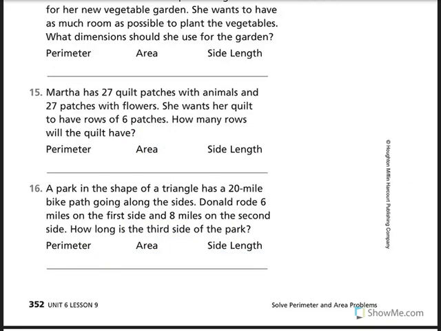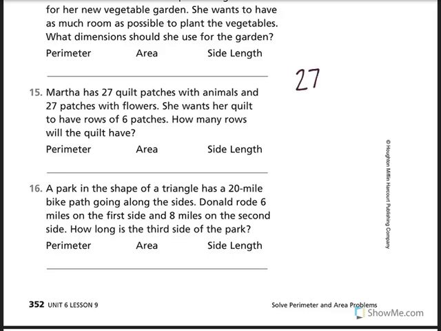Martha has 27 quilt patches with animals and 27 patches with flowers. She wants her quilt to have 6 rows of patches. How many rows will the quilt have? Okay, so let's figure out the total number of patches she has altogether by adding those two up.